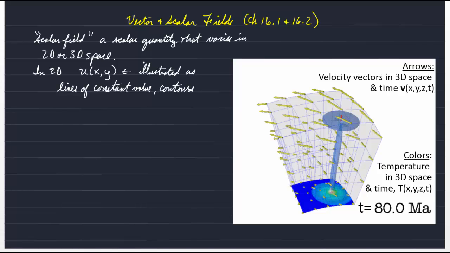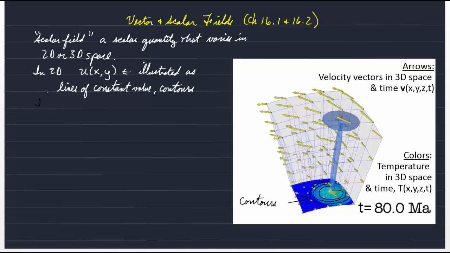Again, we had this plane at the core-mantle boundary. Here we depicted this two-dimensional variation in temperature with colors, but we could have also shown contours of constant temperature, and they would, in this case, look like concentric circles approximately. You may be familiar with contours on a topography map, where topography is the scalar field.